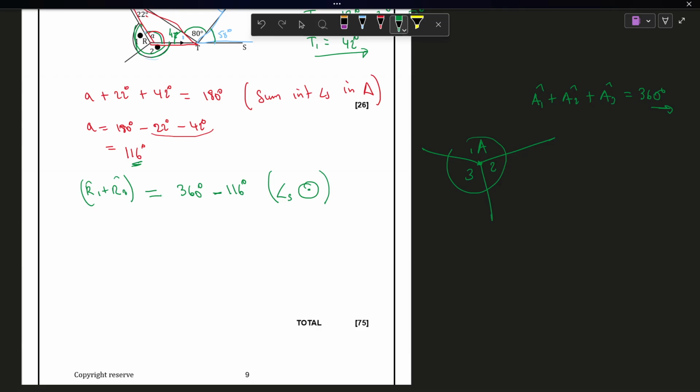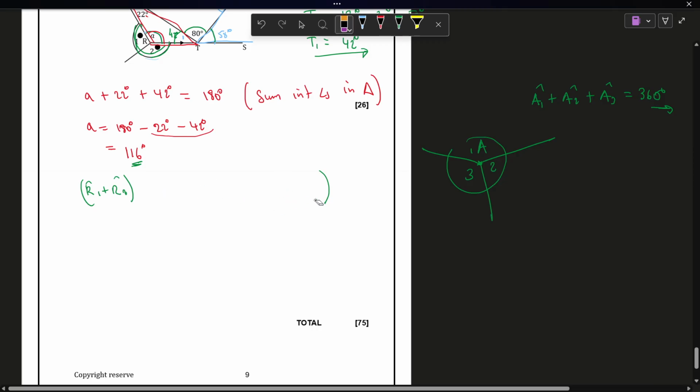If we want, we can do it from the first step. We can say, the angle we're trying to find here plus A equals 360 degrees, or 116.